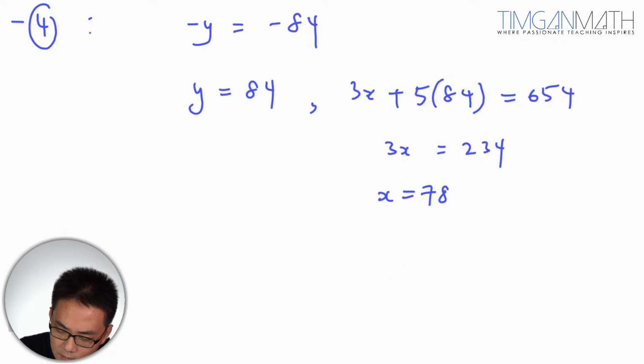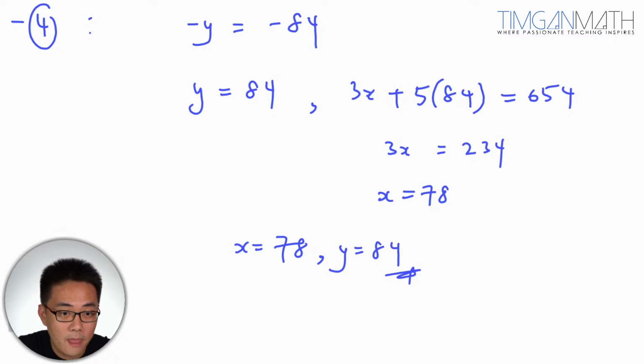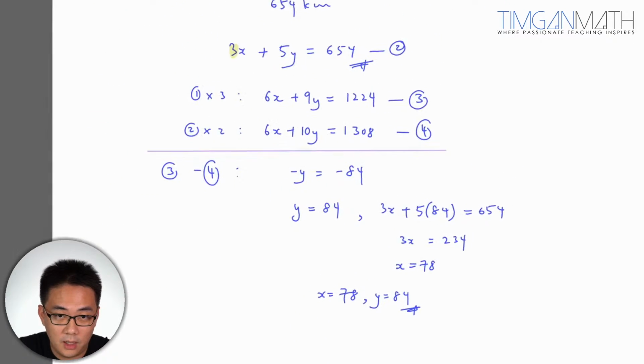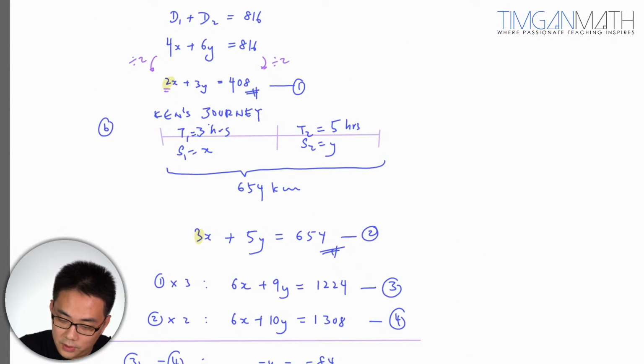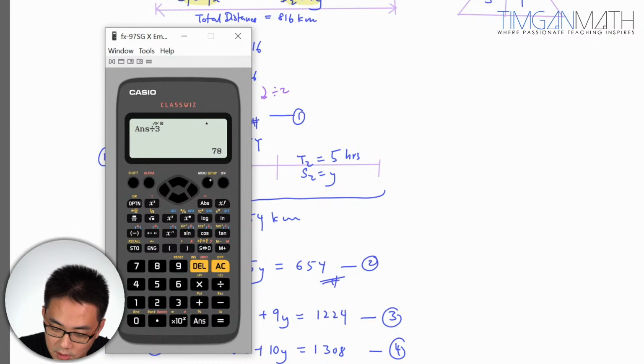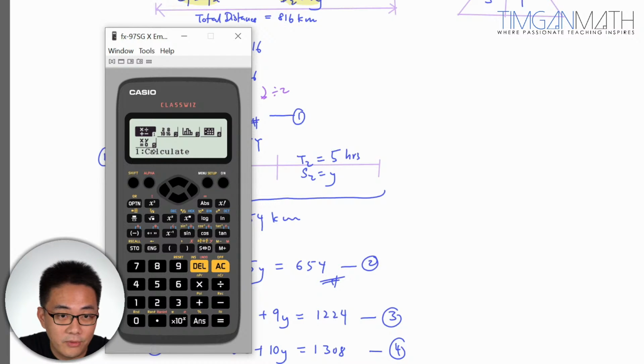Now, how do we check our answer in the exam? Key in calculator to check. You bring a calculator, press the menu button, then press number 5.